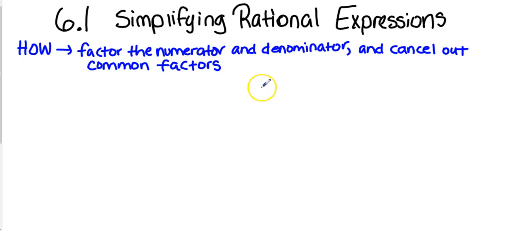So our how, the tool in our toolbox for today, will be to factor the numerator and denominator and then cancel out common factors. So let's get right into our examples.